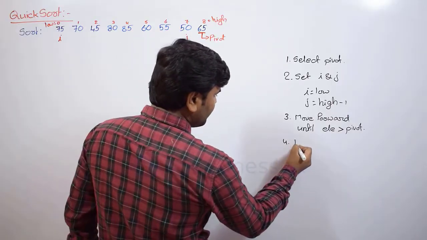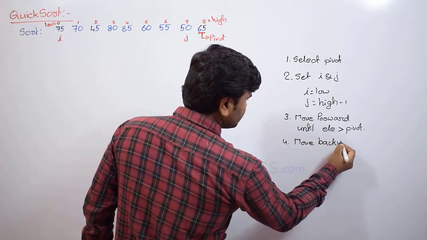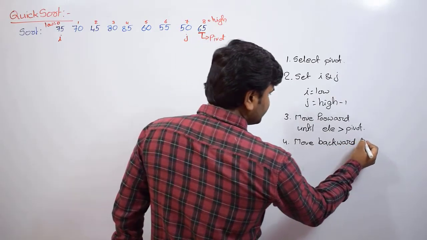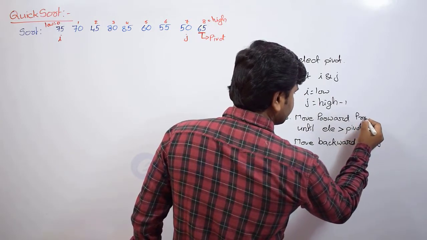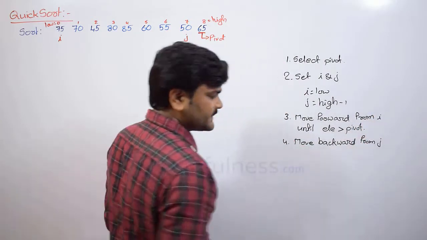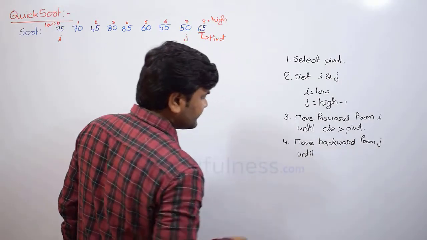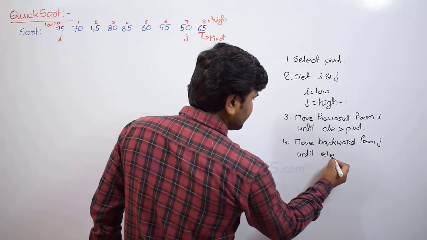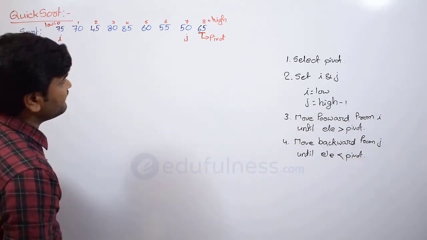After this, move backward from j, this is from j, this is from i. That is very important. Then move until, very importantly, the element is less than the pivot. Now where is j?